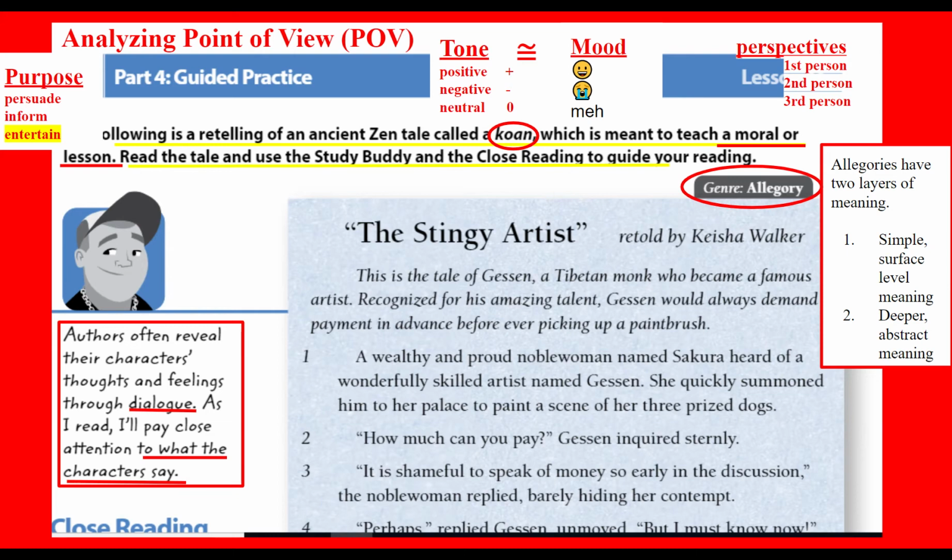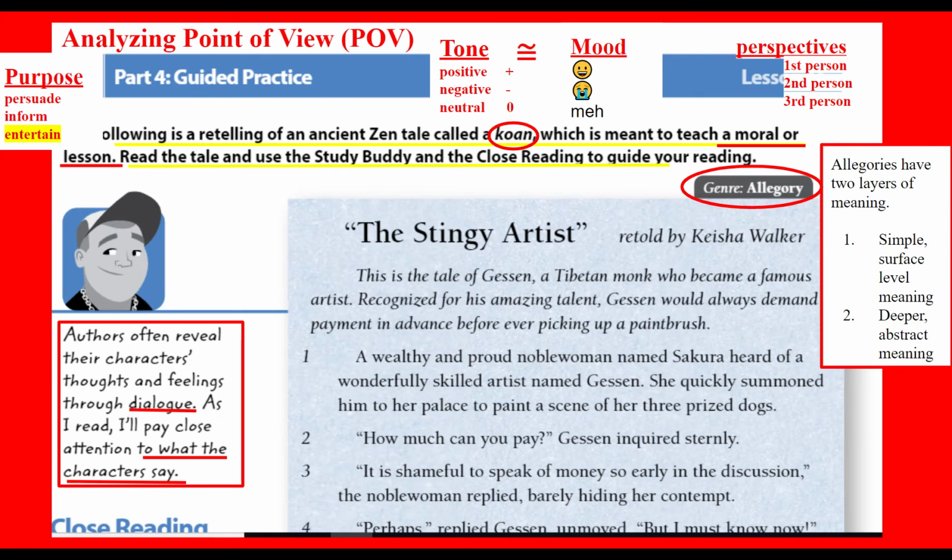So as you read, you're going to look for dialogue, the stuff that has quotation marks around it. And you're going to pay attention to what those characters are saying, because what they're going to say is very important. If it wasn't important, the study buddy would not tell us that. So we have to make sure that we pay attention to that as we read.